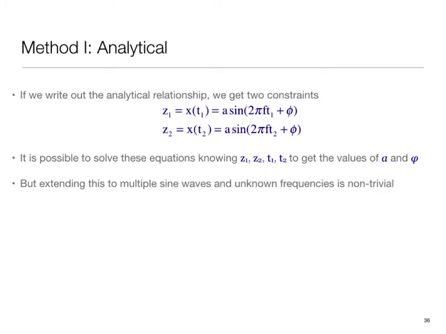But if they are, then in effect I get two equations, right? I have a measurement Z1 at time t1 and measurement Z2 at time t2. And since we already knew the frequency and we know it's a sine waveform, I can write down the equation. And it has two unknowns, A and phi, and I need to solve this thing for A and phi.